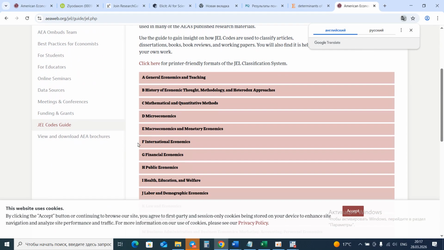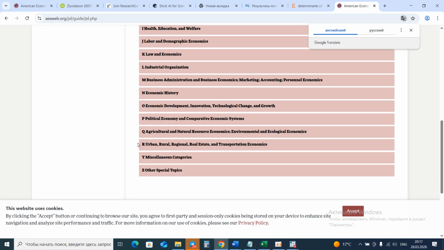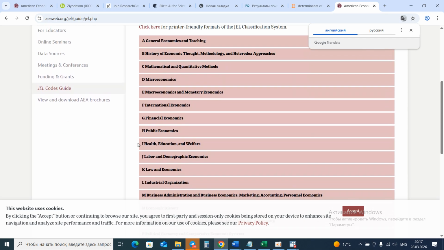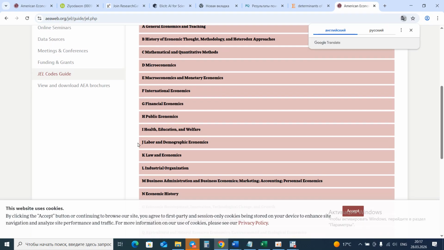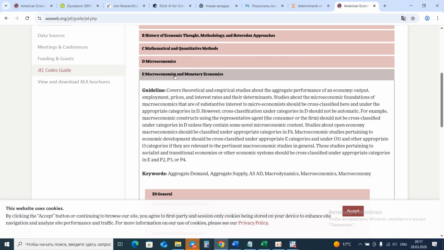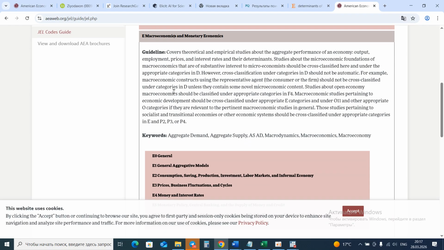And here you have various letters, and you choose your topic, for example macroeconomics and monetary economics.